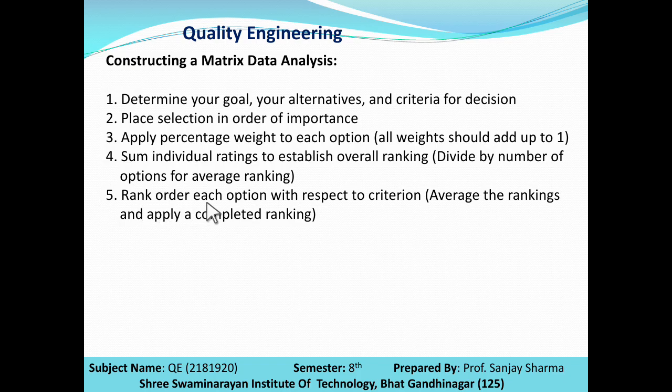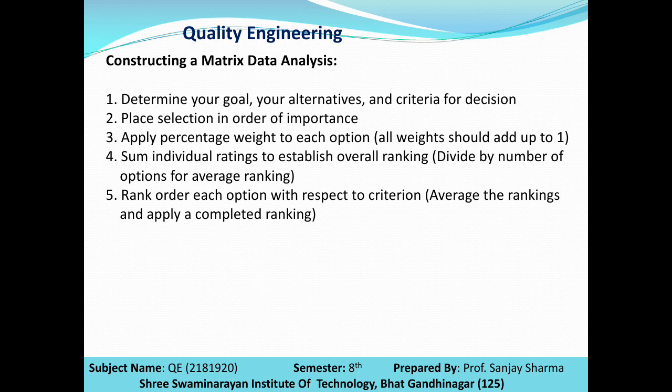Rank order each option with respect to the criterion, average the ranking and apply a completed ranking. After finding the ranking, arrange the ranks or the activities in order with respect to the criterion.